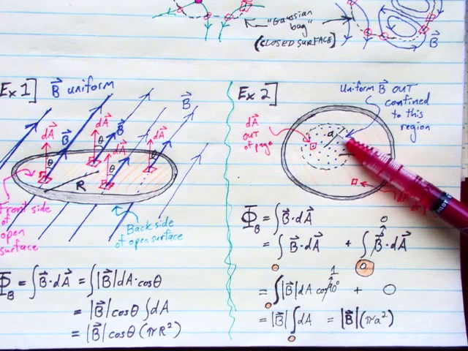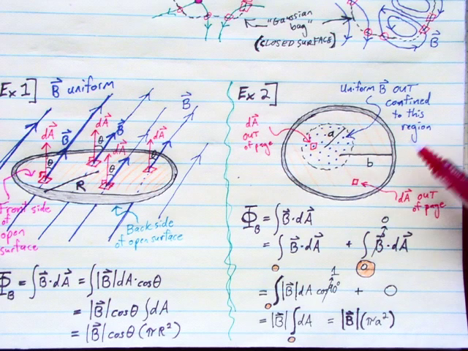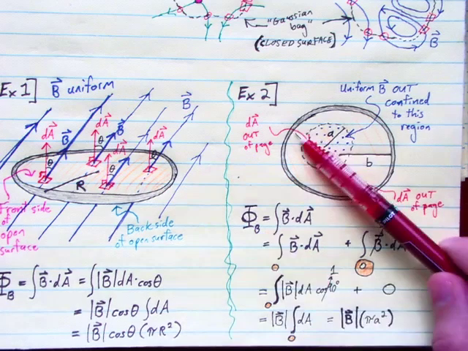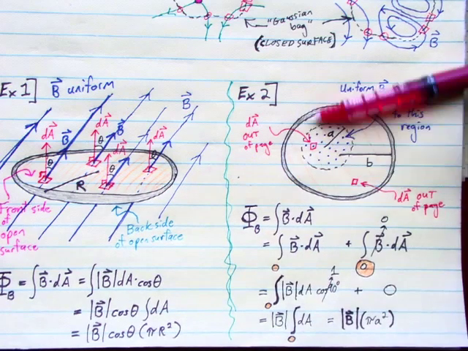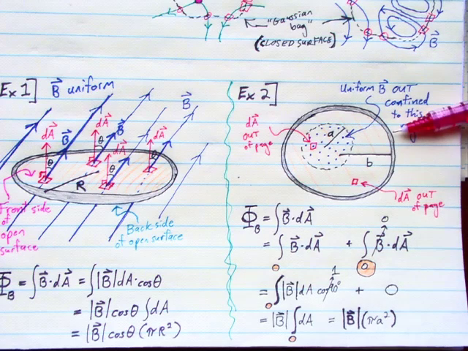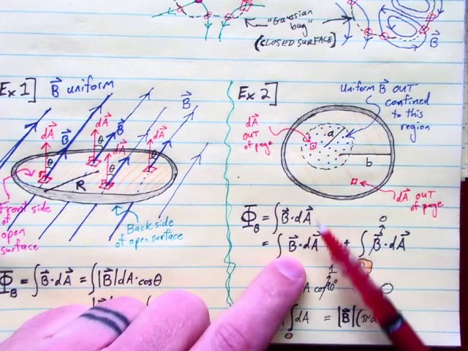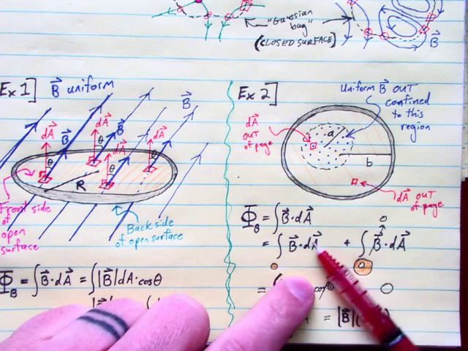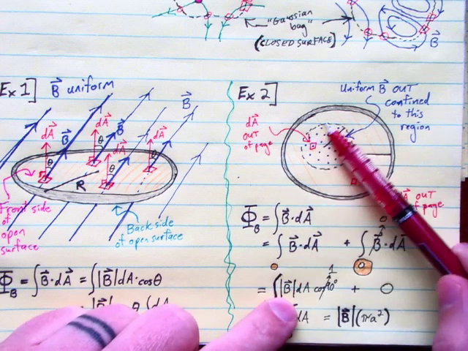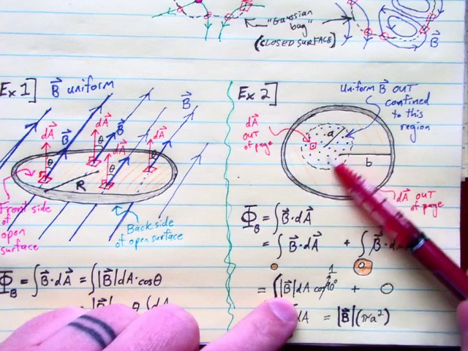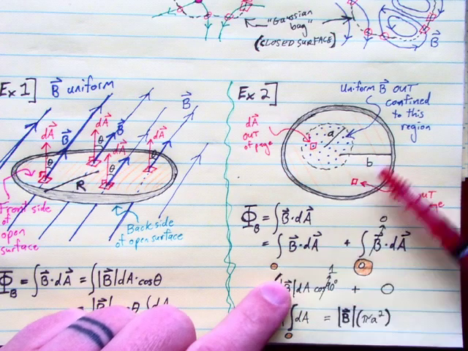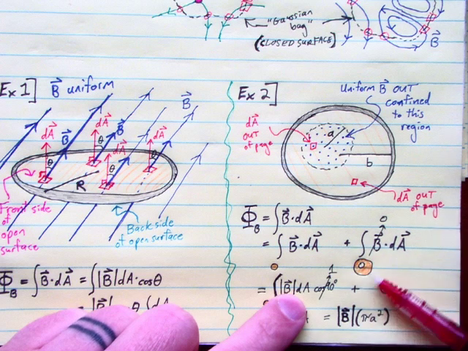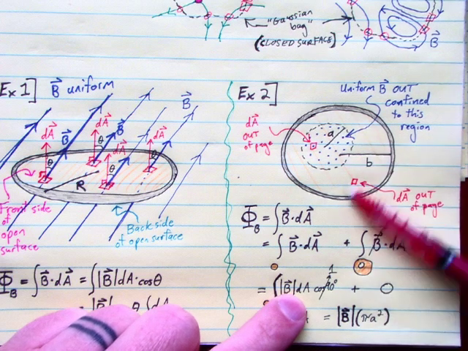So in this case, if I want to find the magnetic flux through this entire open surface, then I can break up that open surface into two parts. The portion of the open surface where there is B field, and then the remaining portion of the open surface where there is no B field.